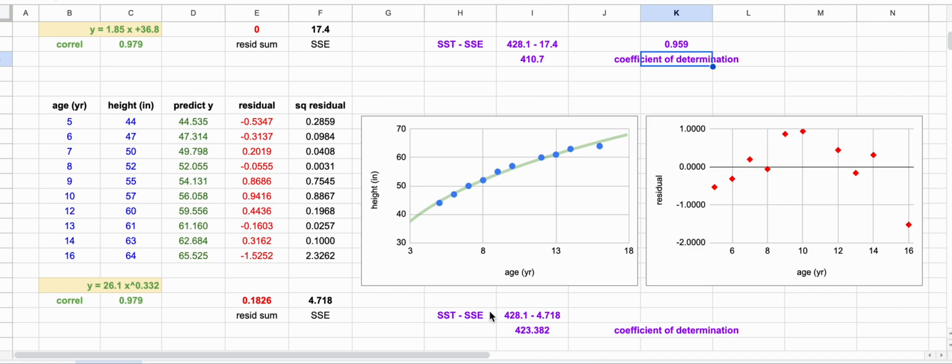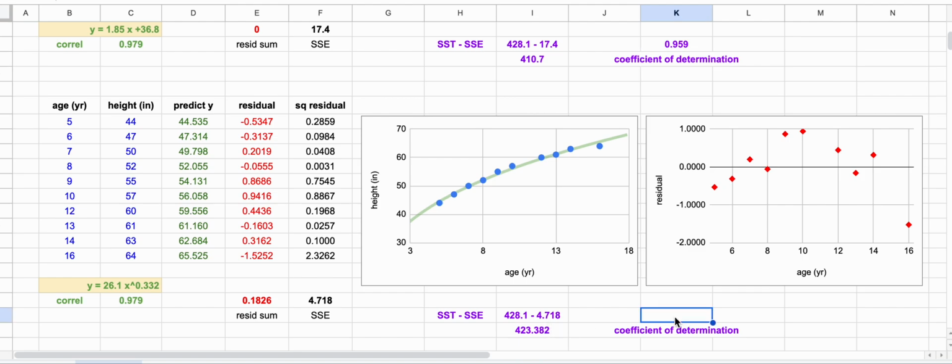That was the original. And then we look at how much error remains after doing this power regression. We're at 4.718. So this model has been able to eliminate or explain 423.382 in terms of the squared error.